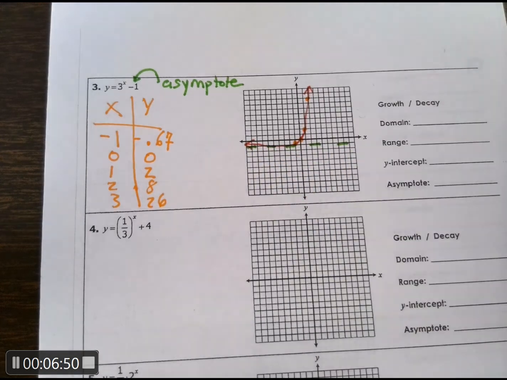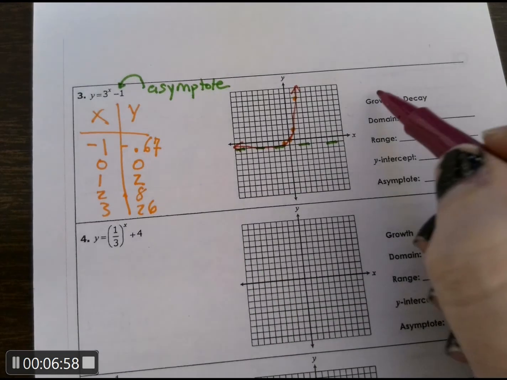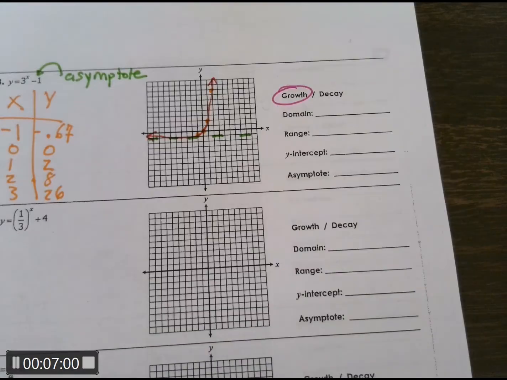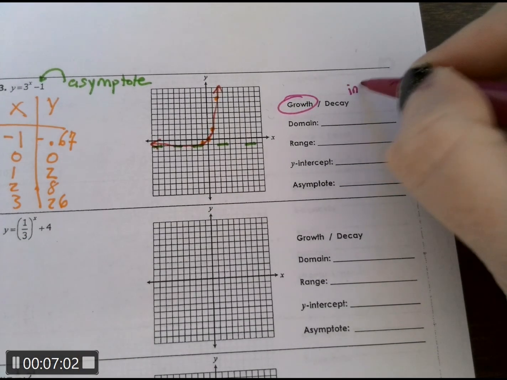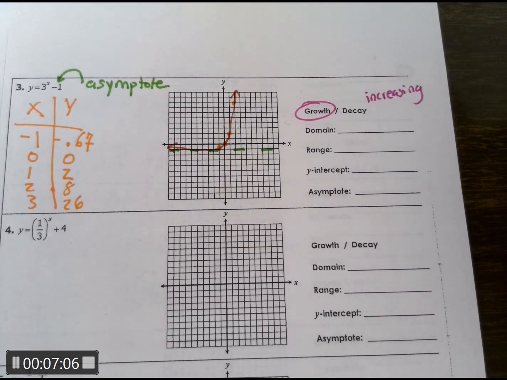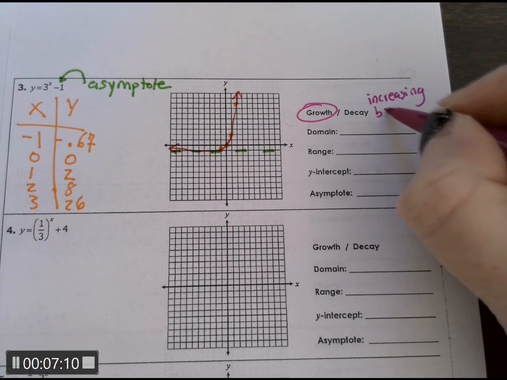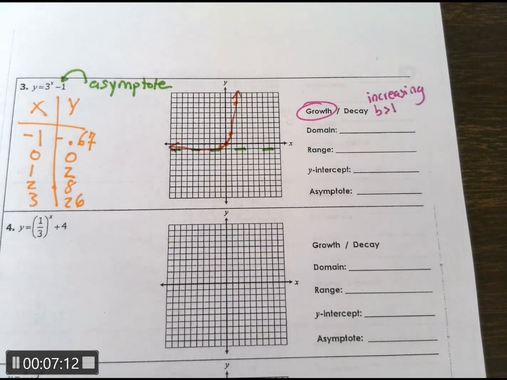And get it really close to a line. There we go. So do I have a growth or decay? I have a growth. Good. Because we are increasing. And what's my b value? My b value is 3, so that's a whole number, so it's greater than 1.